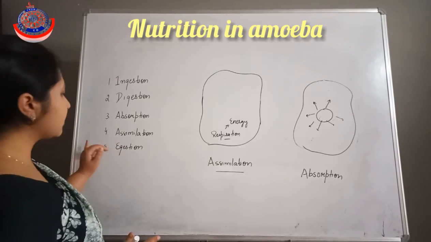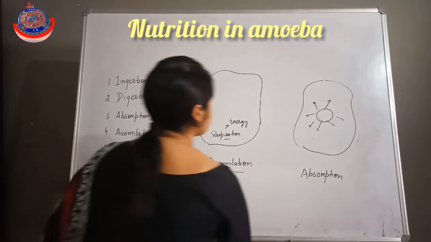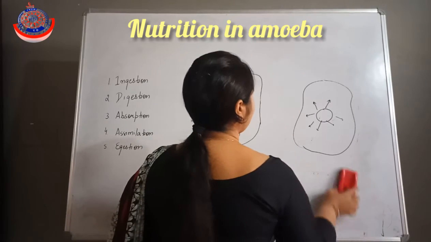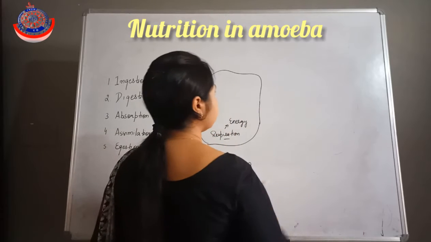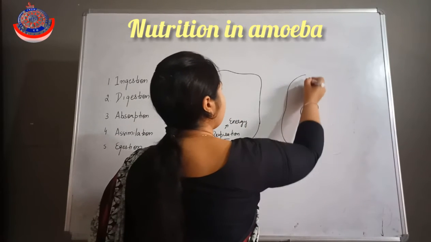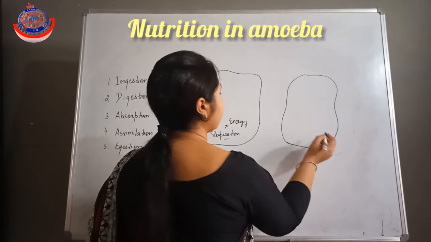Now next, the last step, is the egestion process. In egestion, the undigested food comes near the cell membrane.